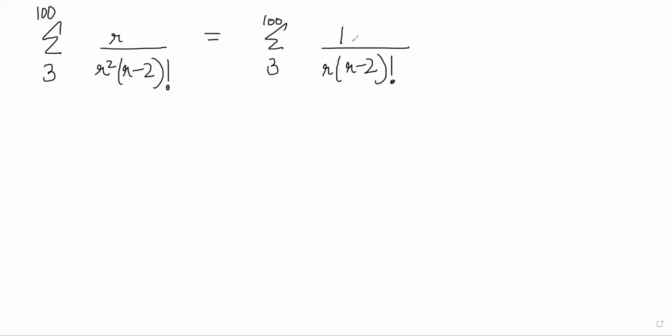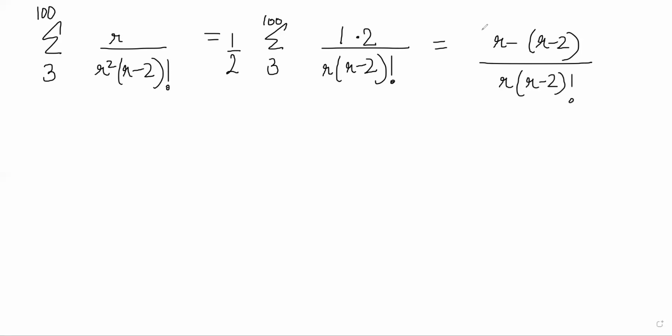Now the top part, if you put a half here and a 2 here, the top part can be written as r minus 2, right? Makes sense. I have put a half outside, sum from 3 to 100, right?